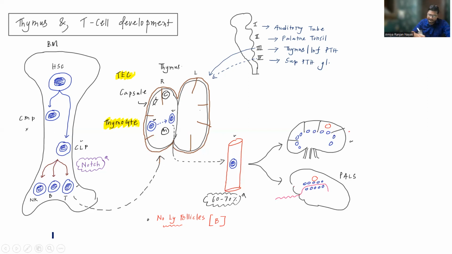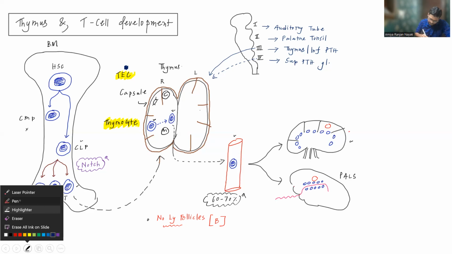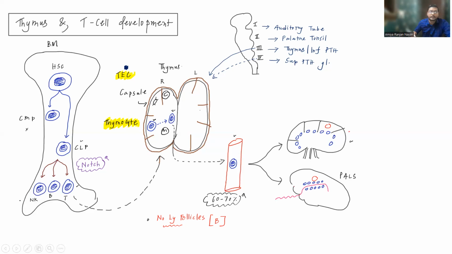These thymic epithelial cells originate from the pharyngeal pouches. That means they have endodermal origin.